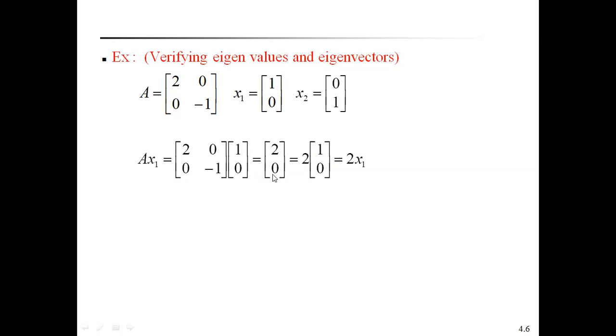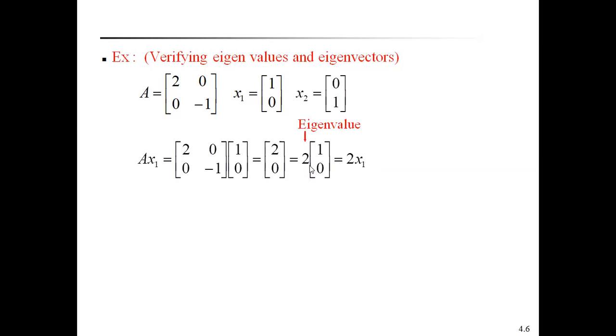By seeing this, 2 is common. 2 into 1, 0. That can be represented as 2 into the x1 column matrix, which is 1, 0. So Ax1 is equal to lambda x1. Here lambda is the value 2.